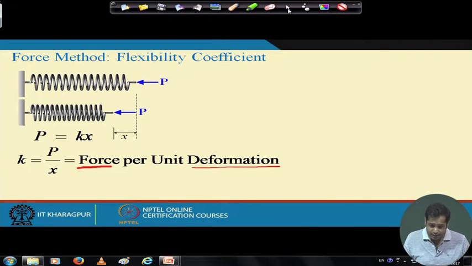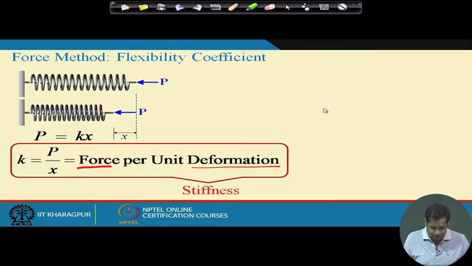Now, this is called stiffness, and we are familiar with the term, and flexibility is essentially the inverse of stiffness.